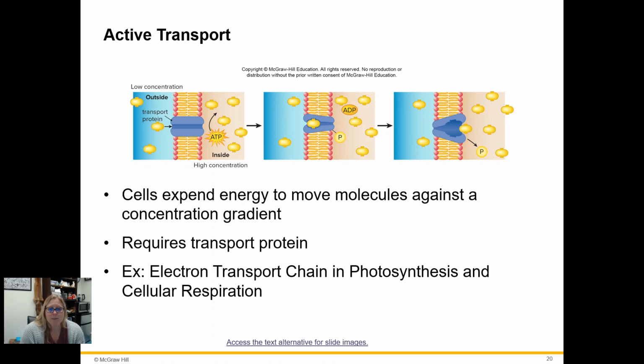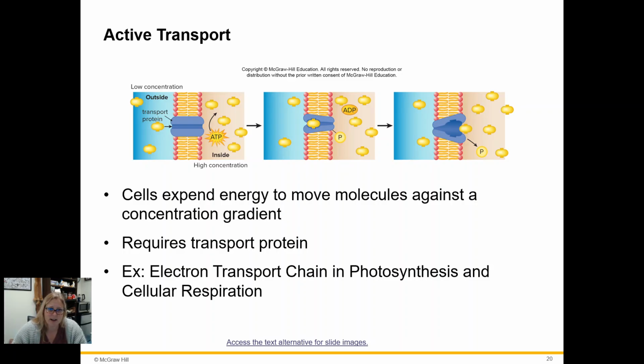There are times when cells will want to move something and have it be at a higher concentration inside of the membrane rather than outside of the membrane. For instance, muscle cells will often release some of the calcium and sodium in order to move those muscles, but we're going to want to reabsorb those, and eventually we will be putting those against the concentration gradient.